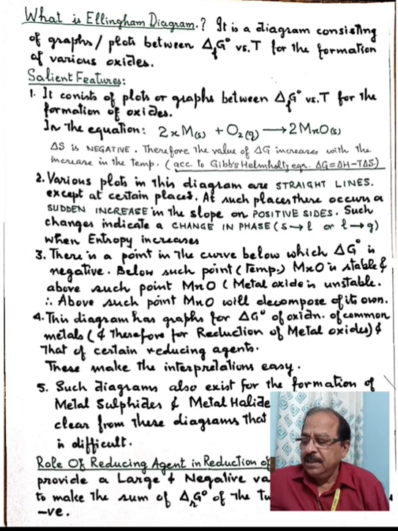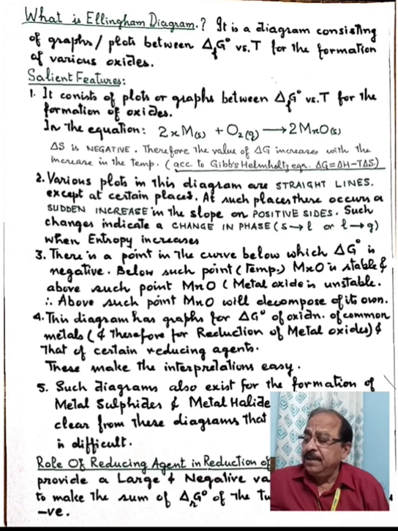It is because there occurs a change in the phase of the material. That means either solid material is getting converted into liquid, or liquid is getting converted into gas. So what happens then? Then the entropy increases. So if the straight line graphs abruptly change their direction towards the positive side, it means entropy has increased.